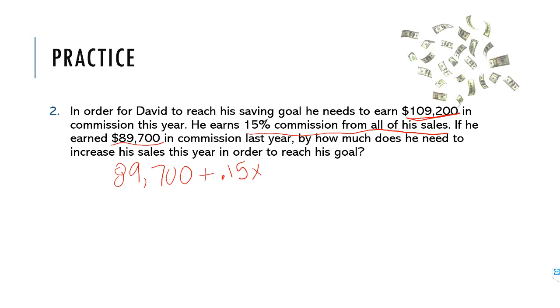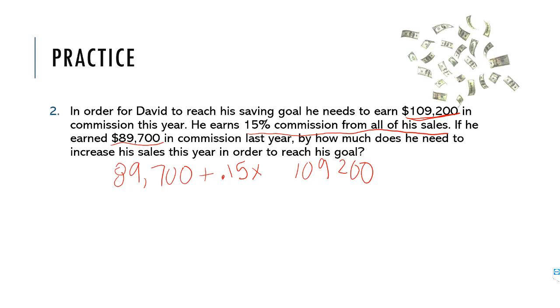And we need for that goal to be at least 109,200. Notice that the words at least were not in the word problem. But if you think about the context of the problem, I don't think David would be too upset if he made more than $109,200.